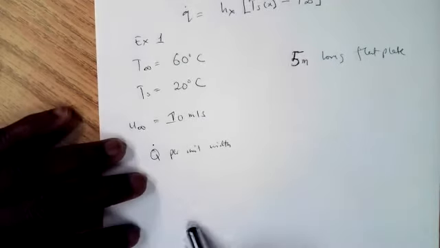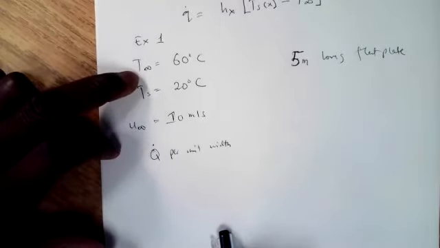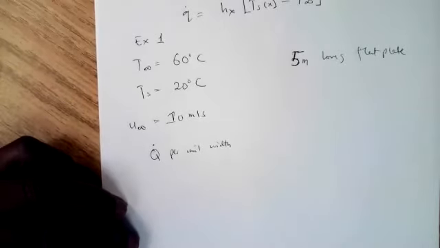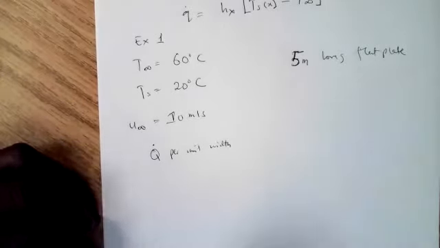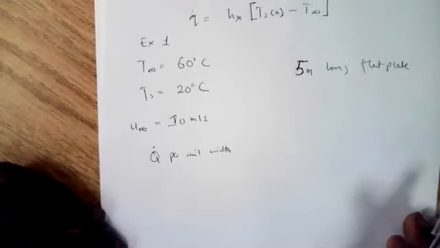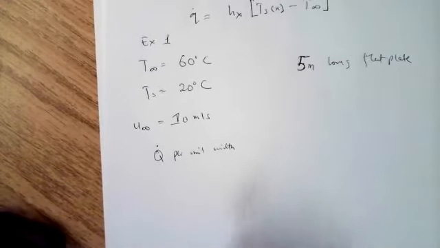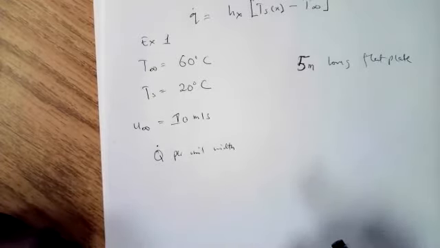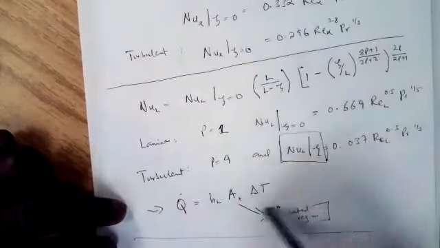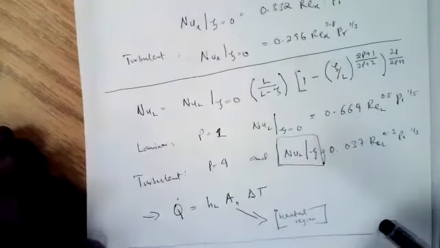The temperature of the surface is 20 degrees and T infinity is 60 degrees, right? So we have a temperature gradient flowing into our flat plate. There's nothing in the question that suggests that only one part of the plate is being heated, or that we are dealing with a uniform heat flux system. So apparently we are going to have to use this analysis. I hope this makes sense to you.